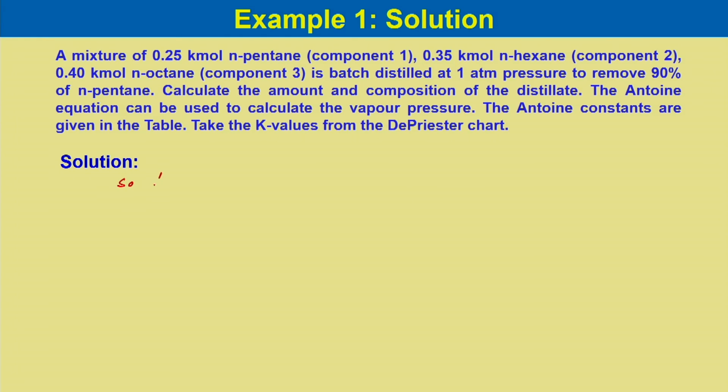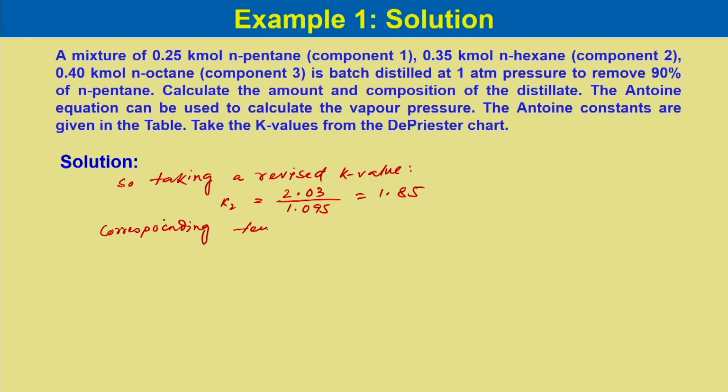Our revised K2 would be equal to 2.03 divided by 1.095, which is 1.85, and then from the chart we can obtain the corresponding temperature, which is equal to 91 degree centigrade.